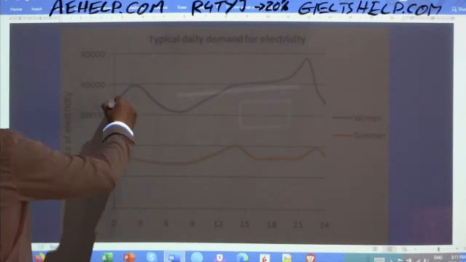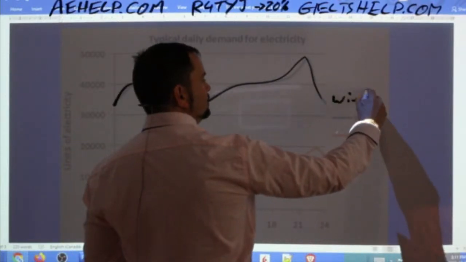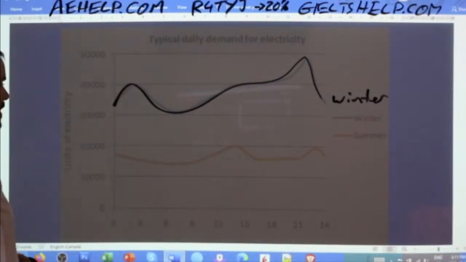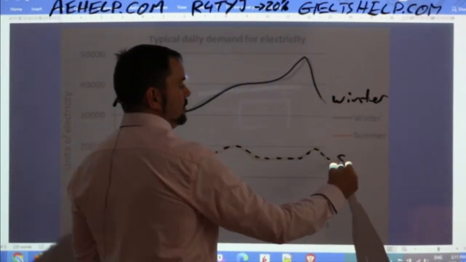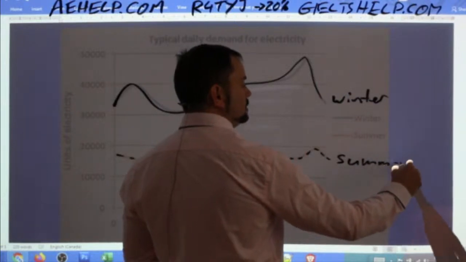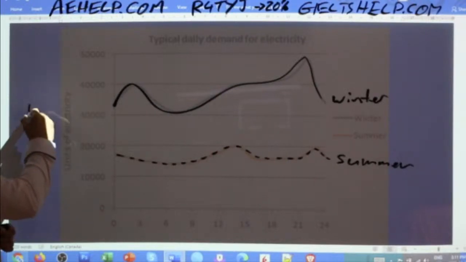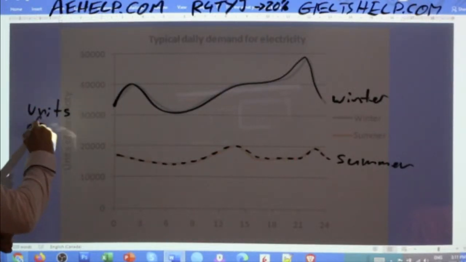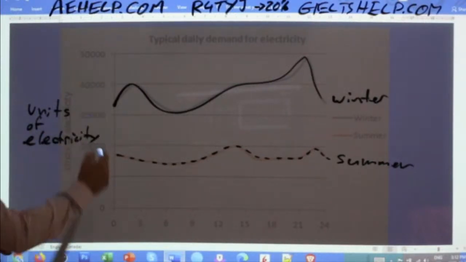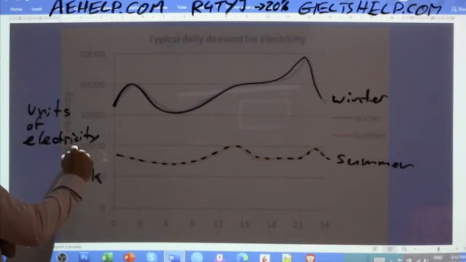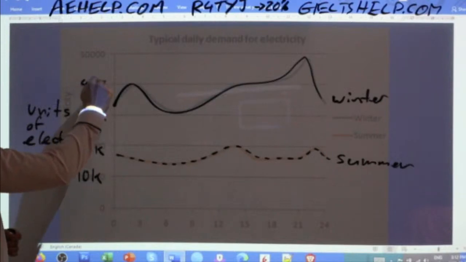So this top line is winter. And this bottom line is summer. And then here you have the units of electricity, and you have 10,000, 20,000, 30,000, 40,000, 50,000.